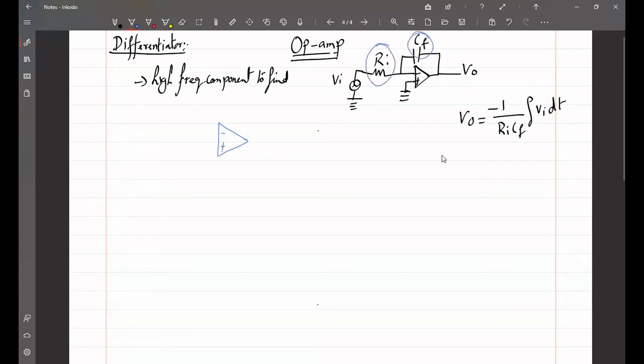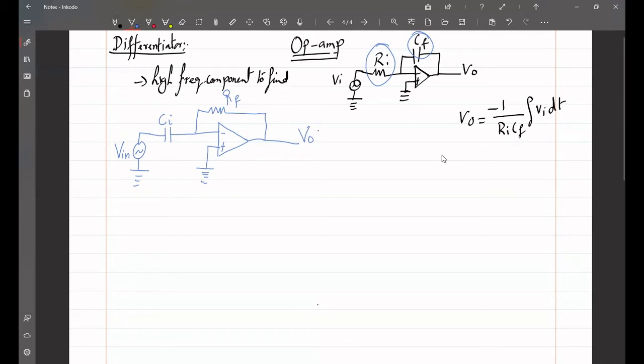We are going to replace them. For the differentiator side, this is the input Vin. We add a capacitor, the input capacitor Ci, and a feedback resistance RF. The non-inverting terminal will be connected to the ground because it is the inverting configuration. So this will be the V0 output.